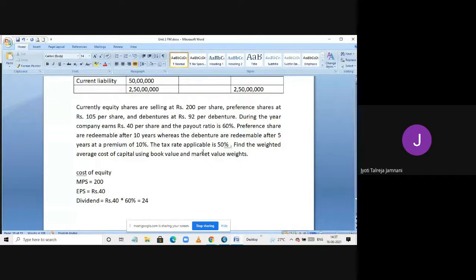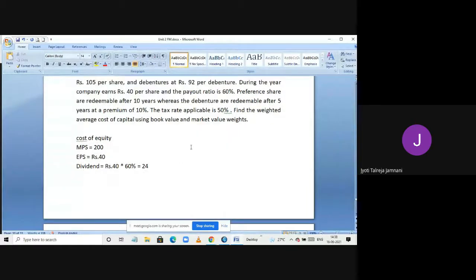Preference shares are redeemable after 10 years. Debentures are redeemable after 5 years at a premium. There's no growth rate given about equity, only this much is mentioned. So let's find the cost of equity. Dividend divided by MPS plus growth rate, into 100. So first divide, then add the growth rate, and then multiply with 100.